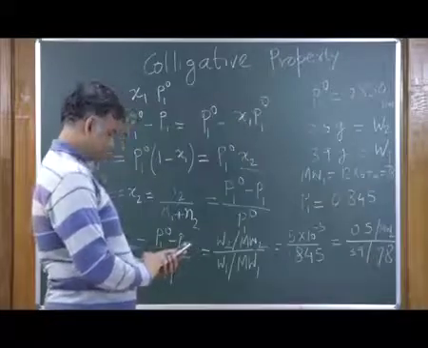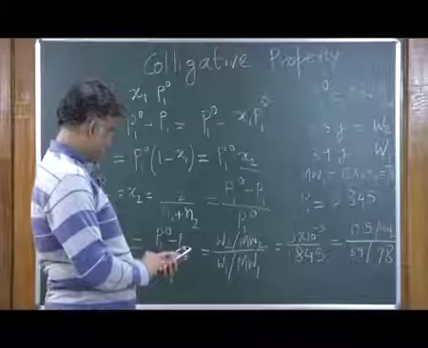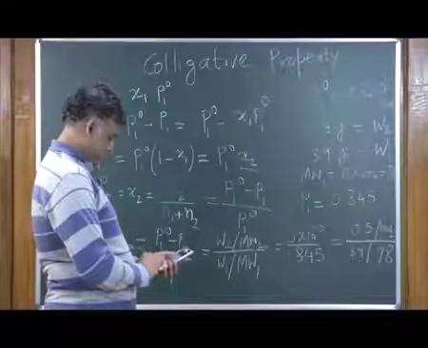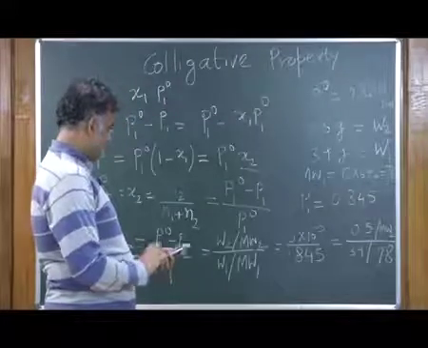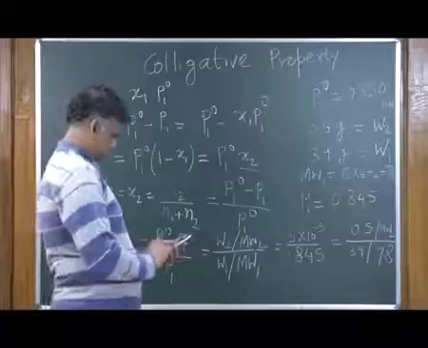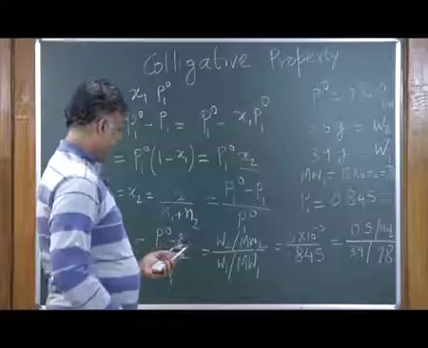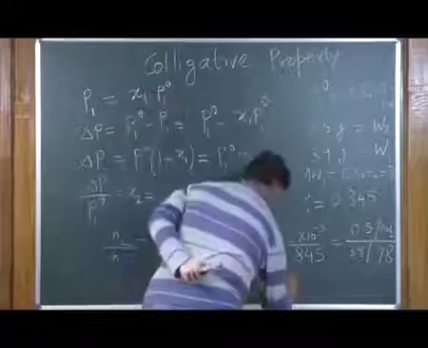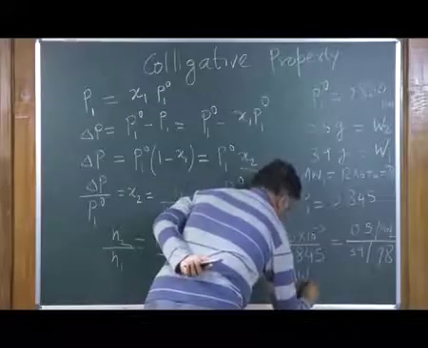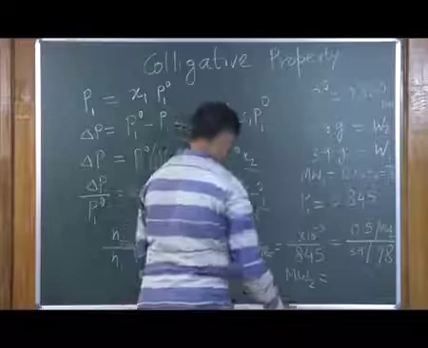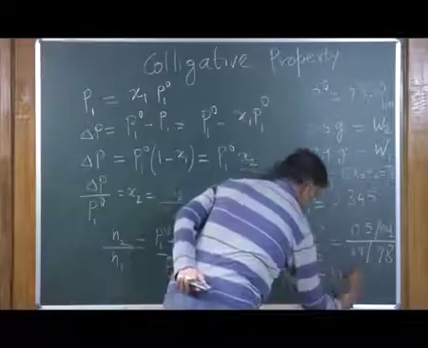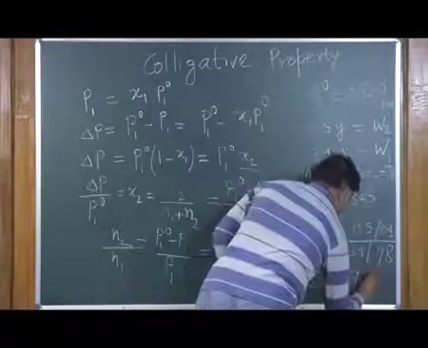So, I am going to get 0.845 divided by 0.005, and that is going to give me the molecular weight. So, the molecular weight of the unknown solute is simply 169 gram per mole.